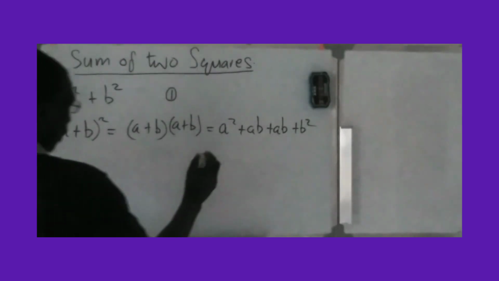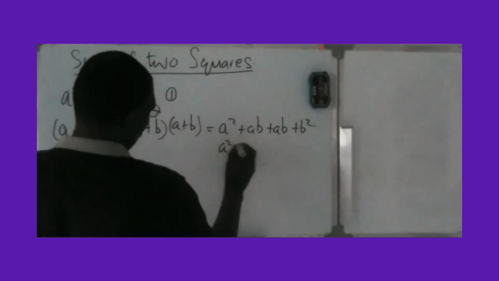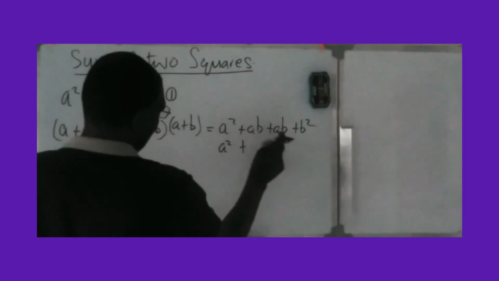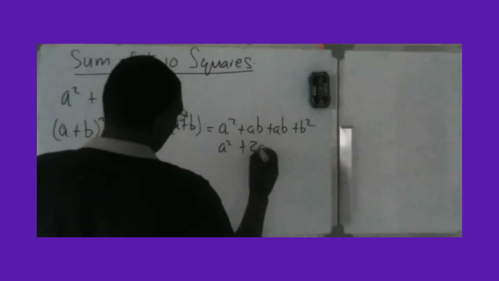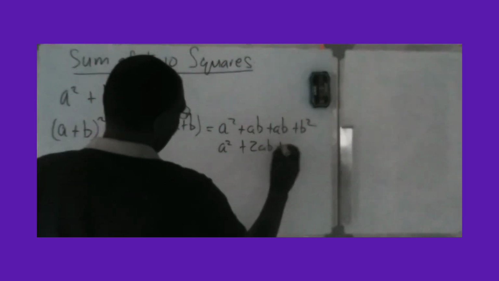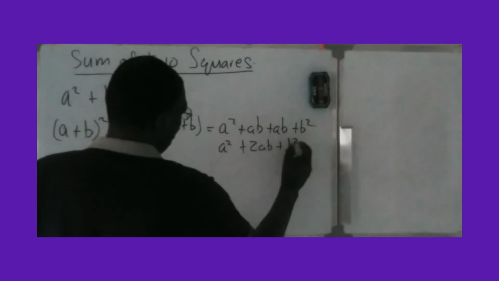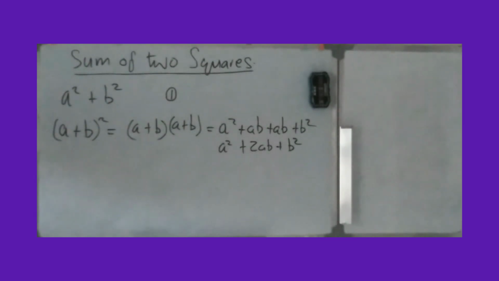You can simplify this to a squared plus 2ab, then plus this b squared there.